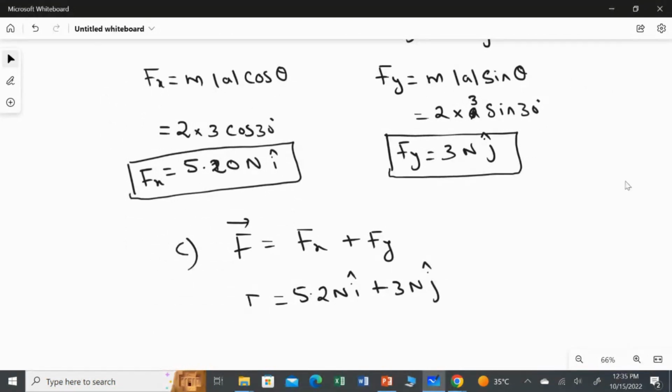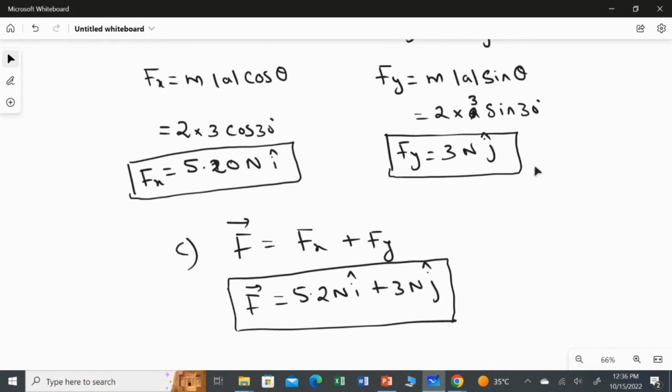This is the final answer, the net force in vector notation. So how did we get the answer here? First we find the x component of the force, then we find the y component of the force, and then we just add these together. Understand?